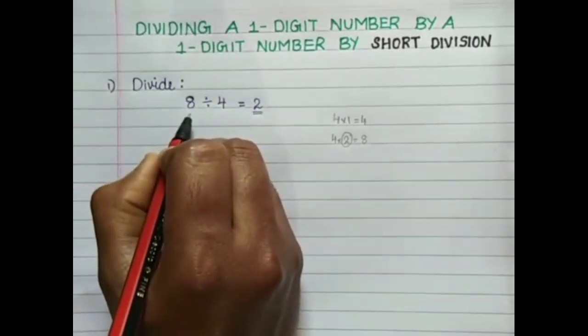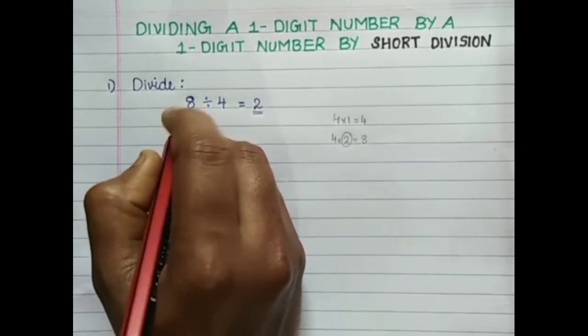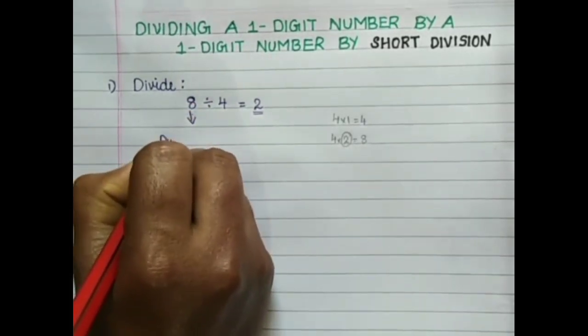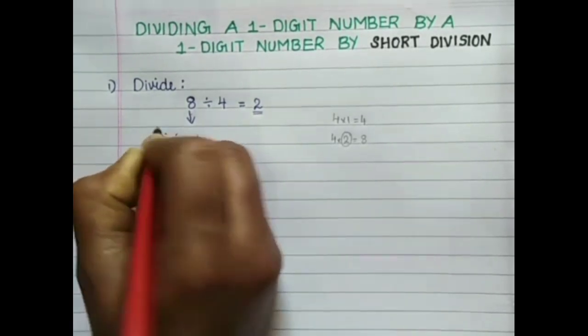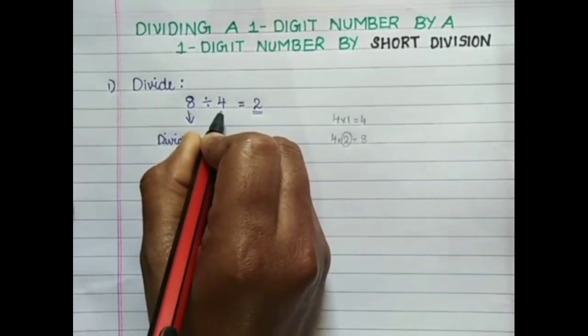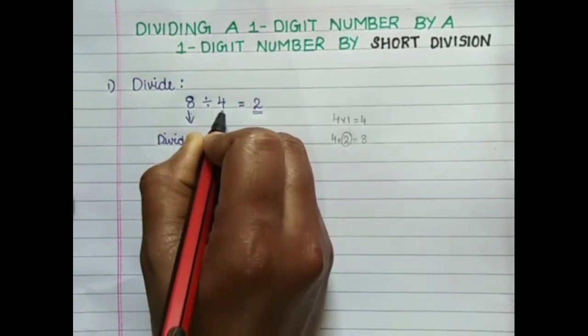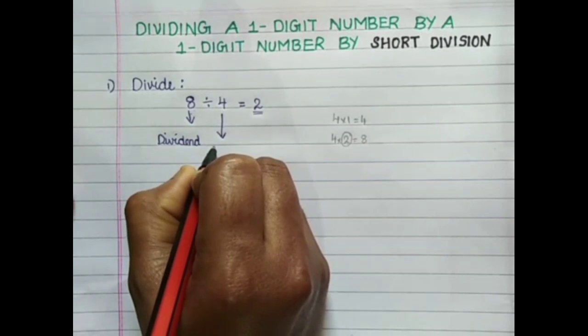So here the number which is to be divided is 8. So the number 8 is called dividend. D-I-V-I-D-E-N-D. 8 is called dividend. And the number 4, that is the number which we use to divide, is called, yes, divisor. So we can write divisor.